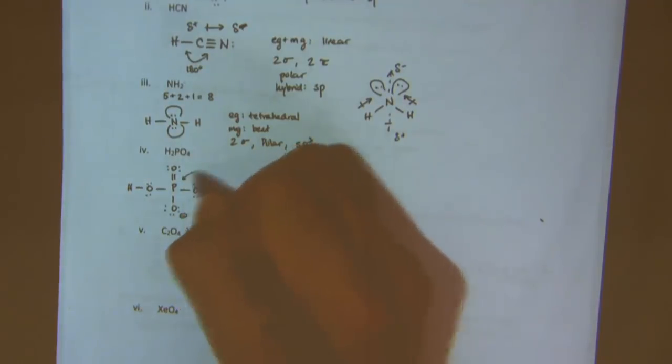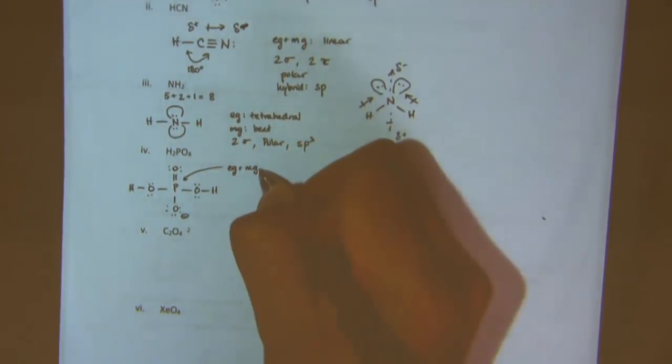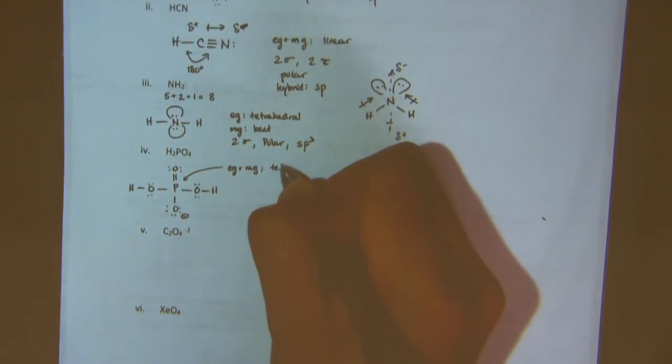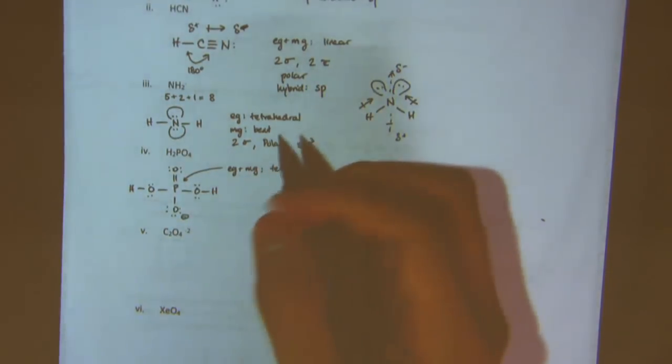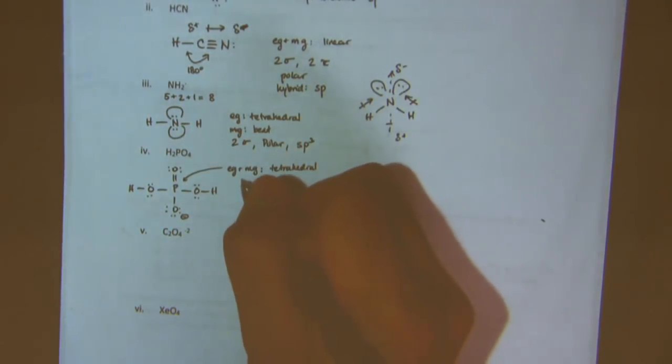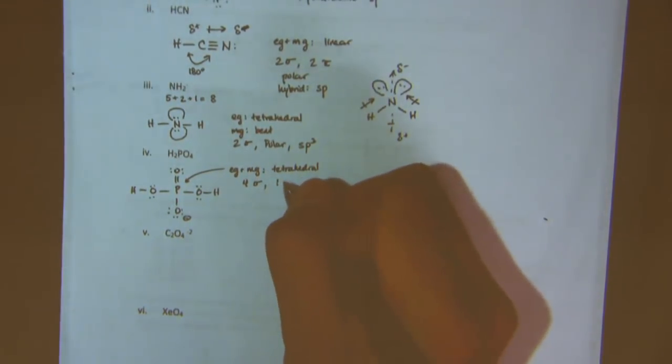So for this phosphorus, the electron and the molecular geometry would be tetrahedral. Around this particular set, we would have 4 sigma bonds, and we would have 1 pi bond.